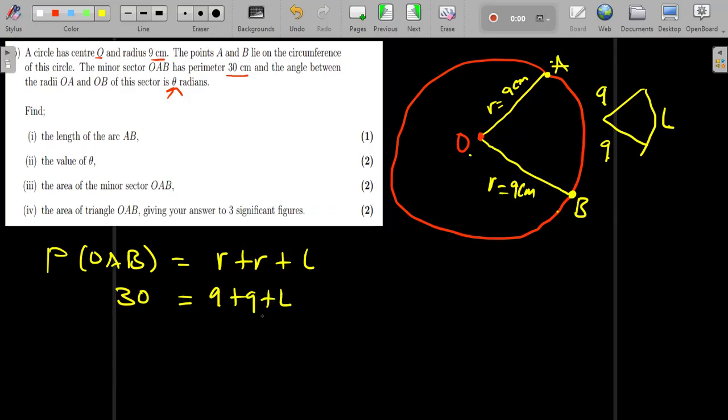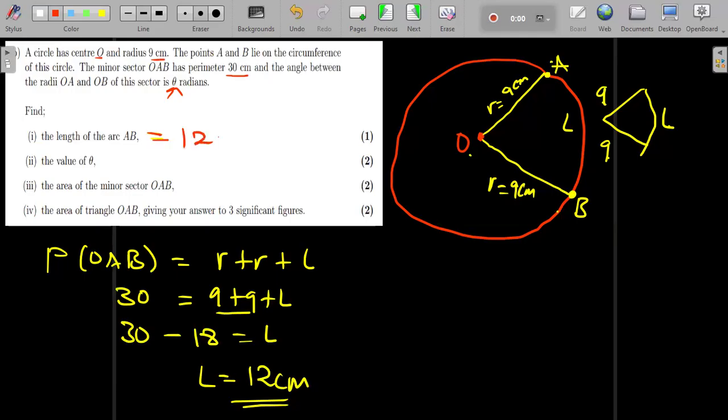We can use this formula to find the arc length AB, which we represent by L. So 30 minus 9 plus 9, which is 18, equals the arc length L. So the arc length will be 30 minus 18, which is 12 centimeters. So we've calculated the arc length AB, which is 12 centimeters.